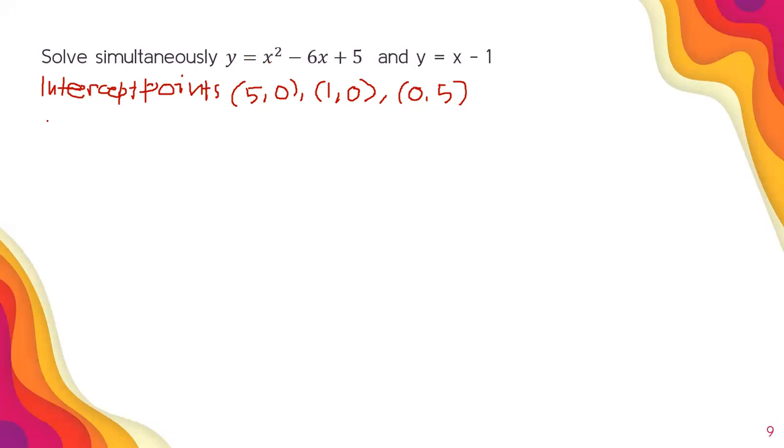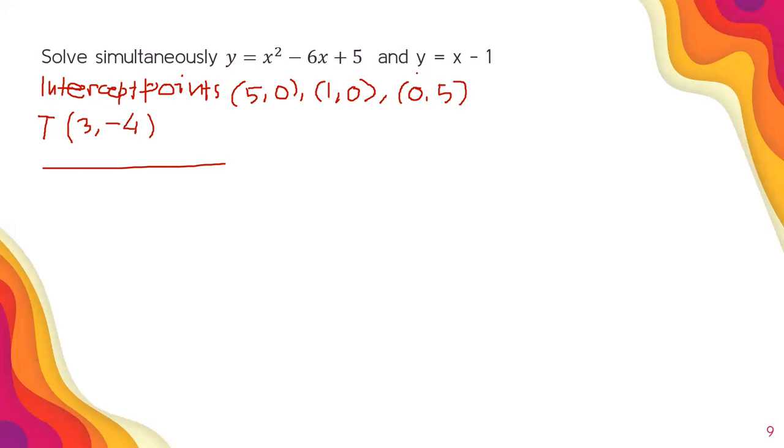And afterwards we find the turning point. The turning point of quadratic equations is negative b over 2a, comma negative D over 4a. And the turning point of this quadratic equation is (3, -4). This is for this quadratic equation.